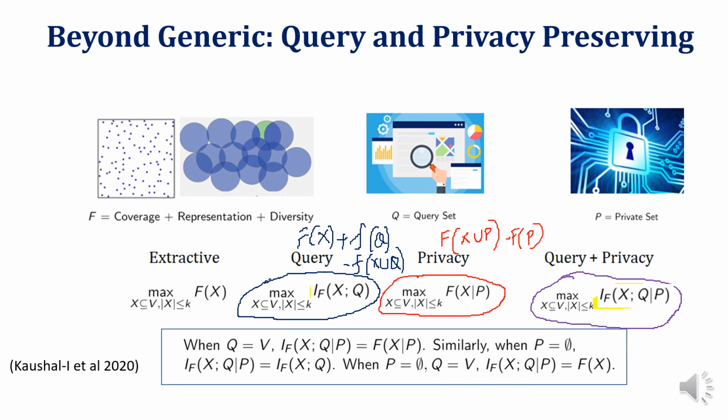We begin with the privacy preserving component, which is basically defined as a conditional gain.